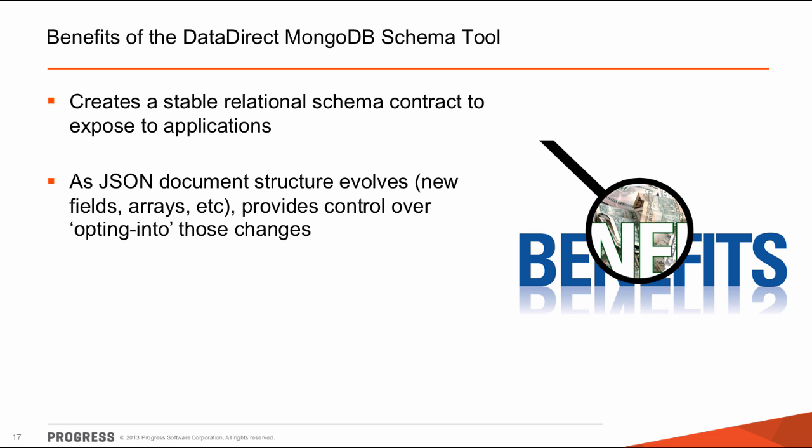As the JSON documents in a MongoDB collection evolve, because one of the powers and benefits of MongoDB is in fact its schemaless model, and MongoDB does not care. The JSON document instances that are stored in a MongoDB collection can change over time, and you don't have to do anything to MongoDB to allow that.